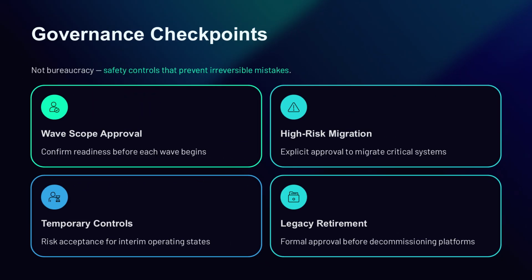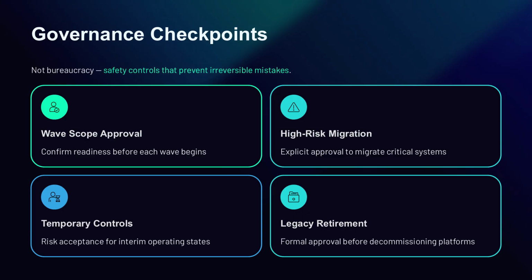Now that examples are clear, you need governance checkpoints because migration planning must be governable. You define where major decisions must be confirmed, such as approving wave scope, approving readiness to migrate high-risk systems, approving risk acceptance for temporary controls, and approving retirement of legacy platforms.